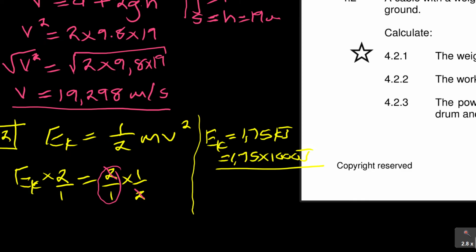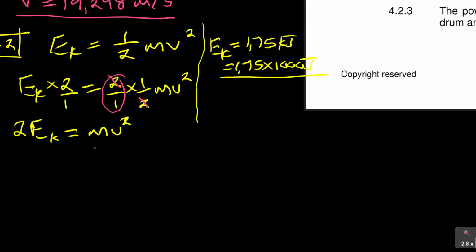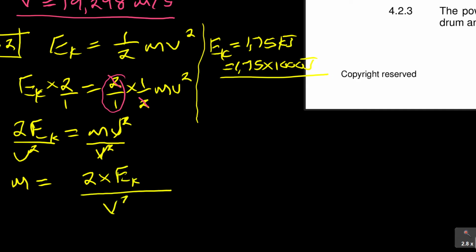So 2EK is equal to mv squared. The next thing, I just have to divide by v squared, because I'm looking for m. Then when you cancel, you have m is 2 times kinetic energy divided by velocity squared.